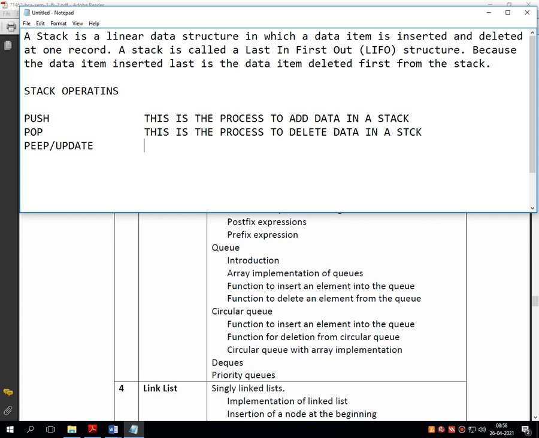Pip means what? This is the process to change data in a stack. Push is the procedure to add the data in a stack. Pop is the process to delete the data in a stack, and pip is the process to update the data in a stack.